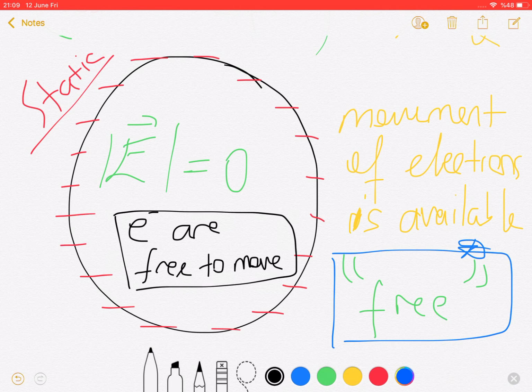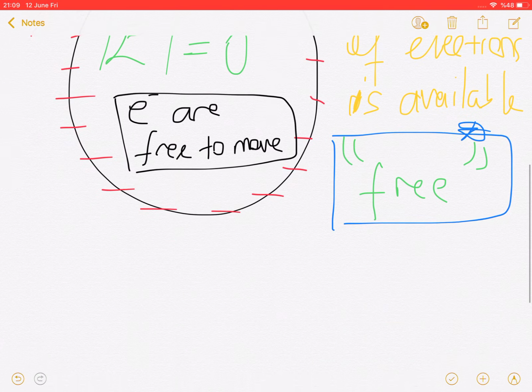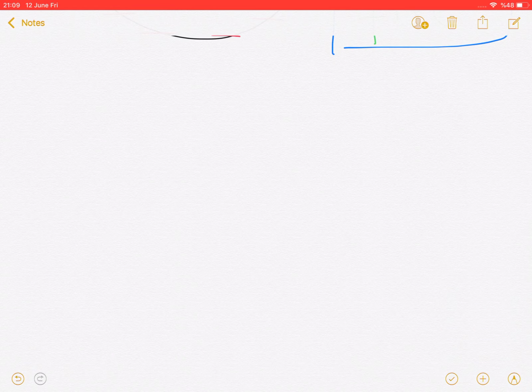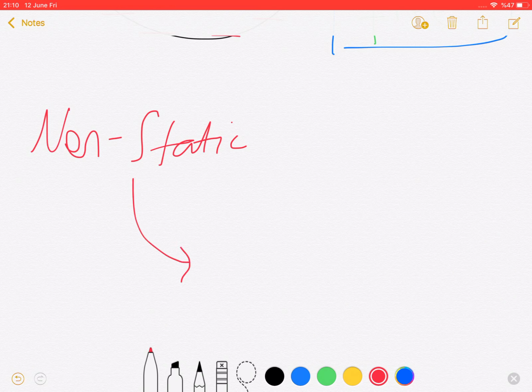Next time I will talk about the non-static case, which includes our main logic, the circuit. I will give some clues. But this next time could be after learning the capacitor and passing through the resistors, because actually a resistor is made up of conductors.